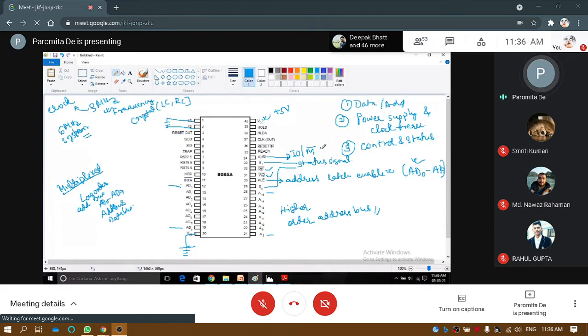Okay, input, output, or memory. So it will decide whether my operation is input, output, or memory. Then there are some signals which are externally initiated signals.